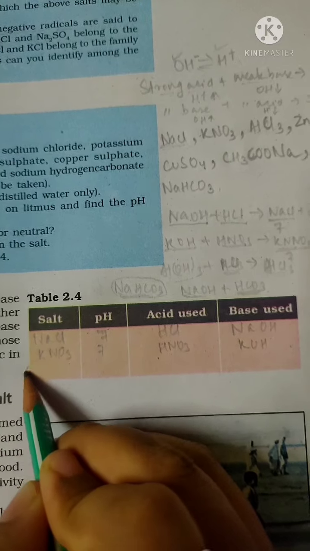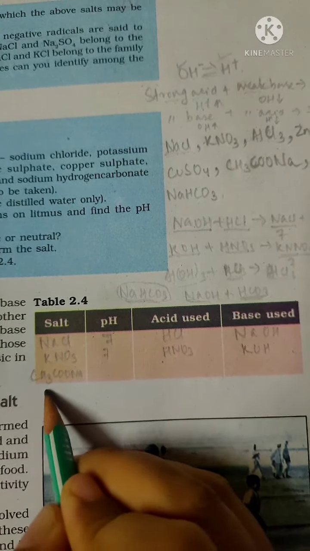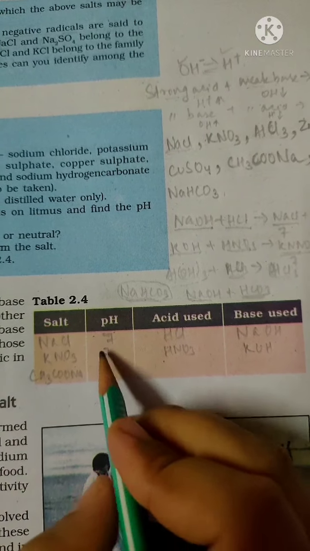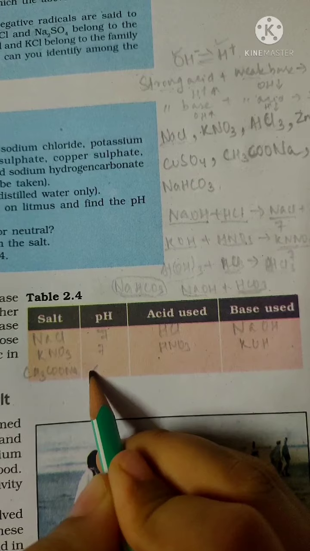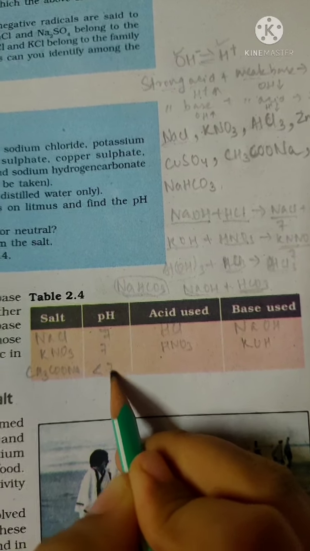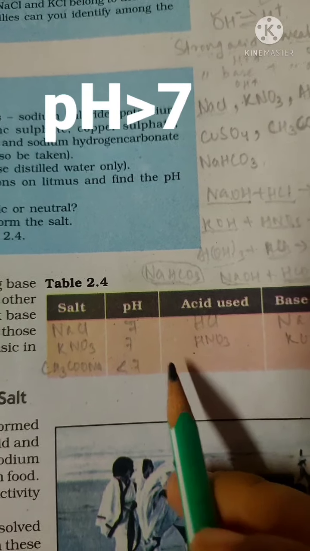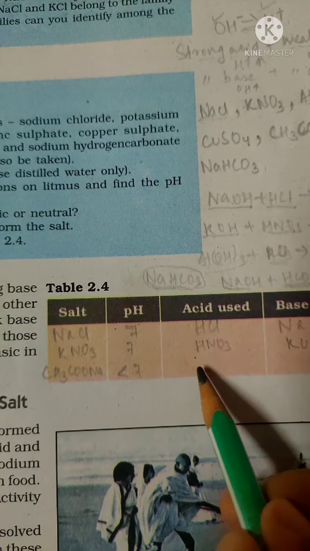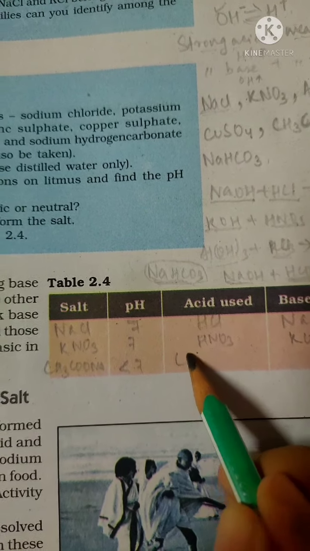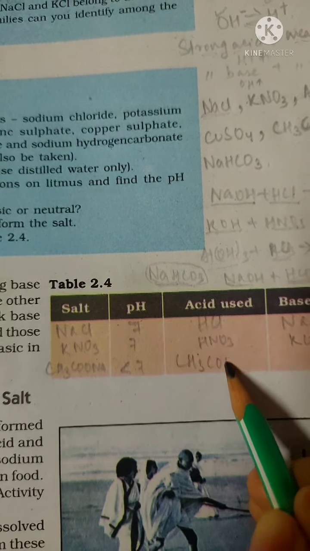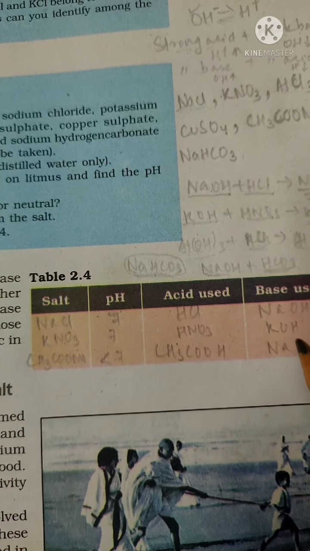Let us take CH3COONa. Here the pH will be more than 7. The acid is CH3COOH, and the base is NaOH.